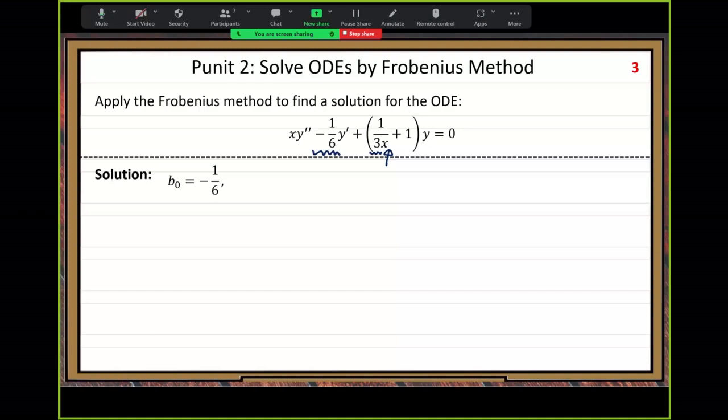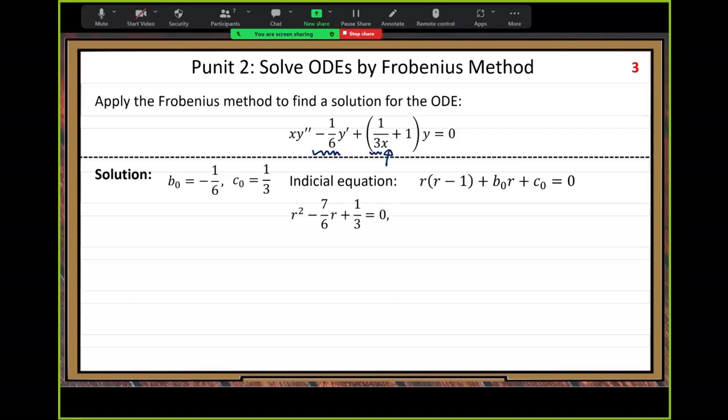And c0, that 1/3 coefficient. After we have b0 and c0, we can write the indicial equation. You just plug in to this form, called the indicial equation.